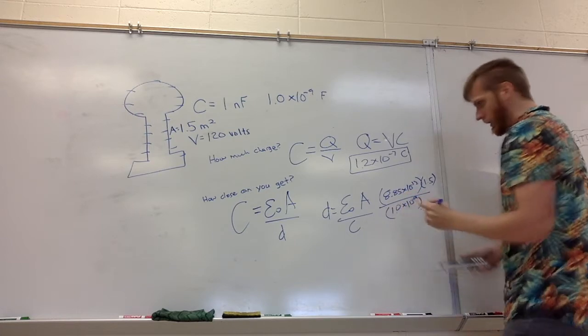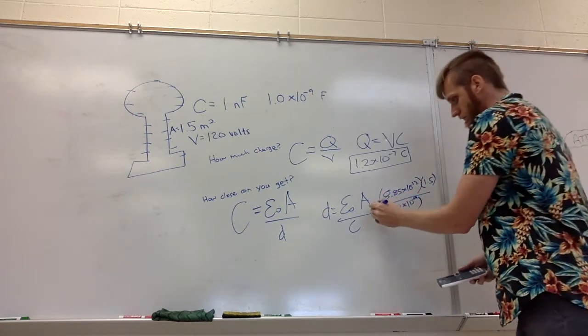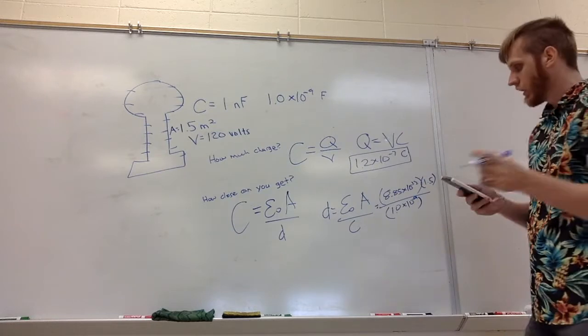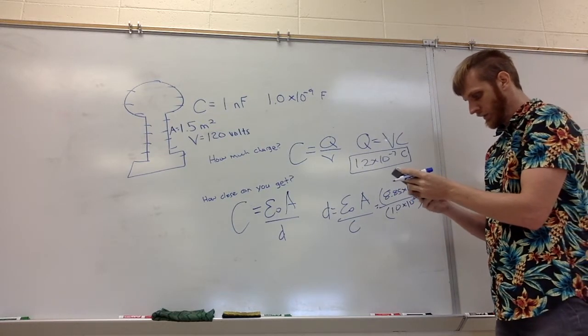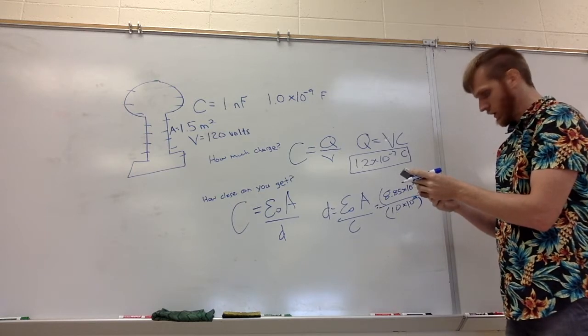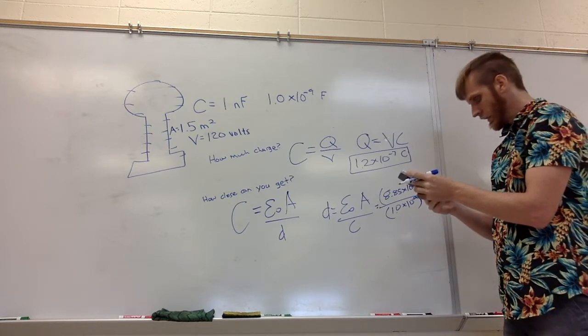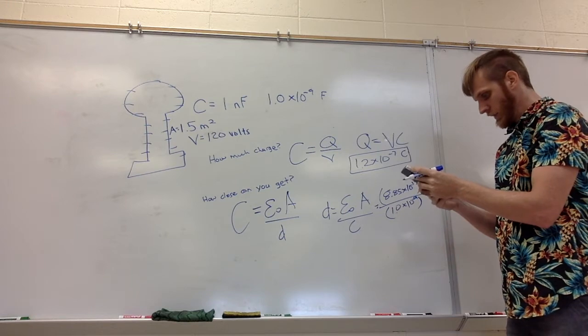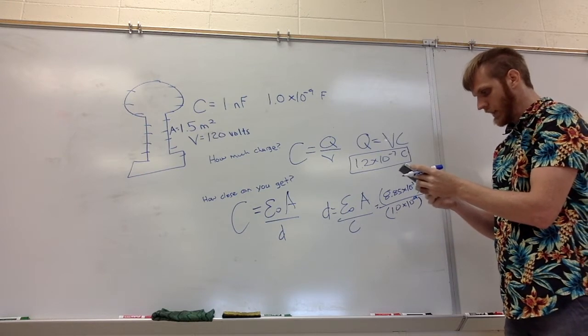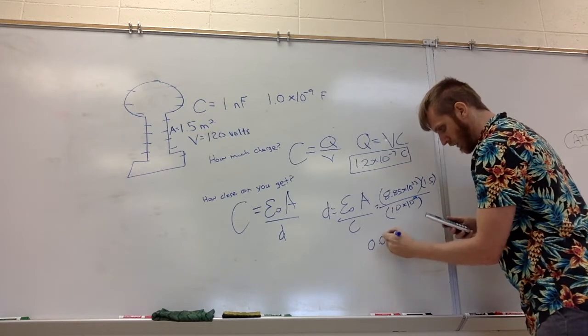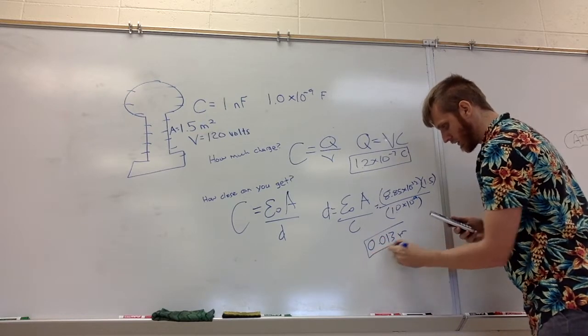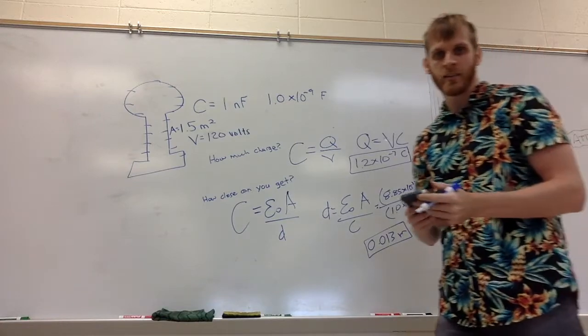All right, we're left with units of meters. So 8.85 times 10 to the minus 12 times 1.5 divided by 1 times 10 to the minus 9th equals 0.013 meters, which is a little over a centimeter away.